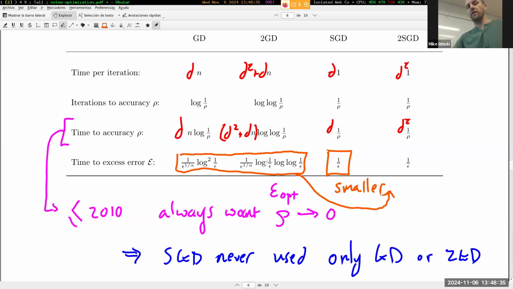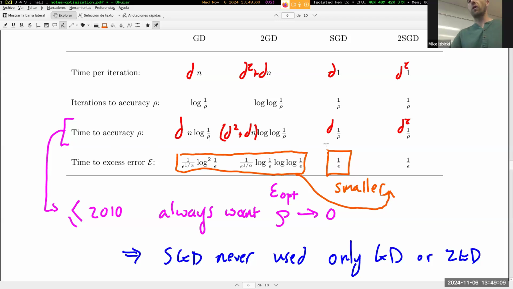One, we don't have these extra log factors that we're multiplying against. And two, the exponent down here in the binary classification case is epsilon squared, which takes a small number and makes it much, much smaller, and so makes the reciprocal of that larger. So stochastic gradient descent, when you are not trying to make rho go to 0, but just to whatever you need to match your statistical accuracy, is smaller.